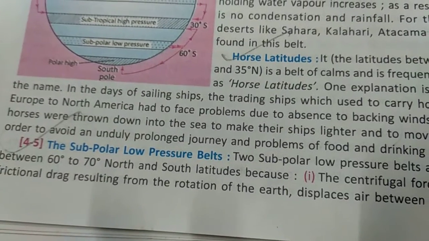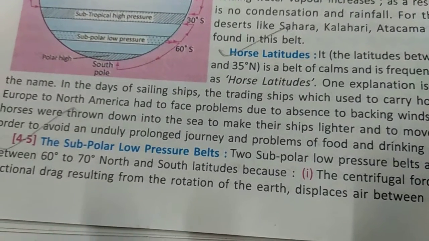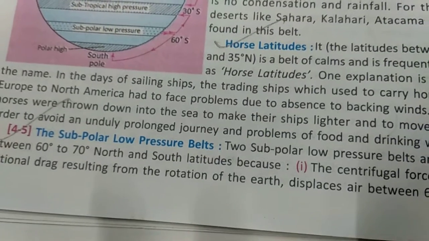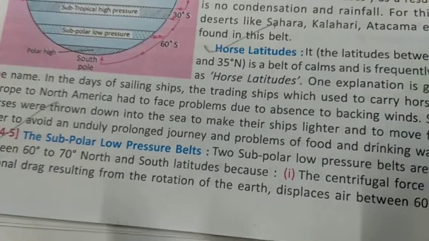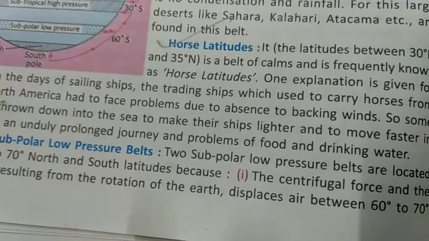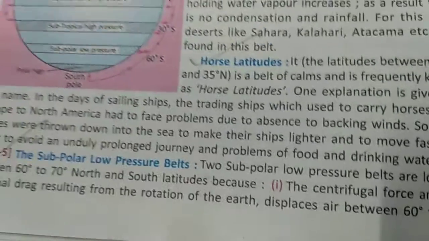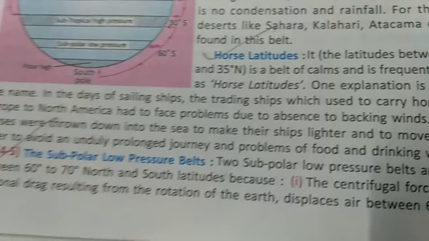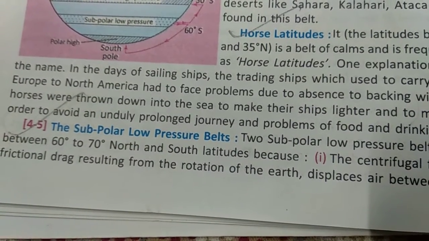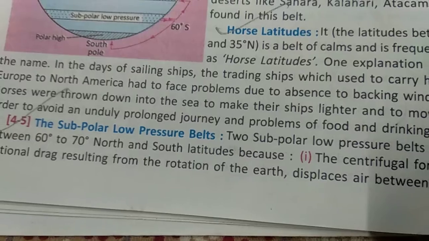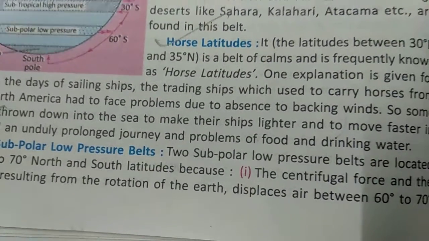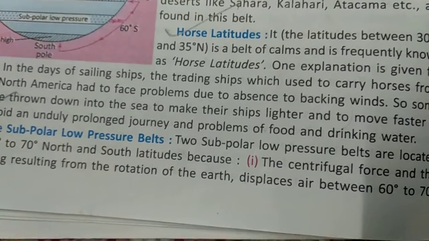It was difficult for them to move the ship, so they had to throw their horses down into the sea to make the ship lighter, and with this gesture it became known as horse latitude, and then the ships would move faster. They did this to avoid an undue prolonged journey and the problems that would arise due to slow movement, for food and drinking water also.